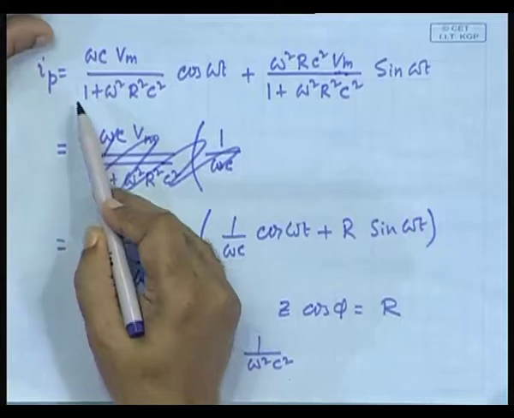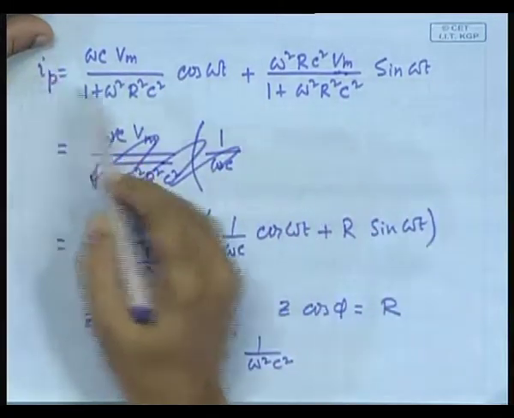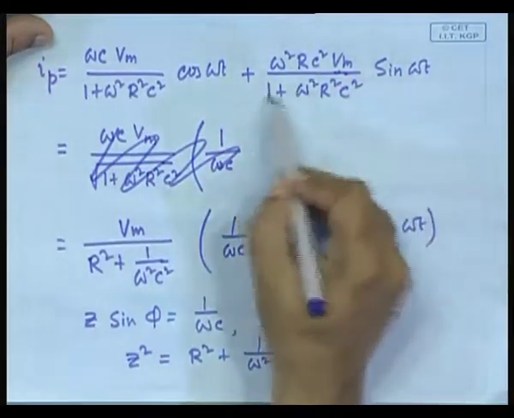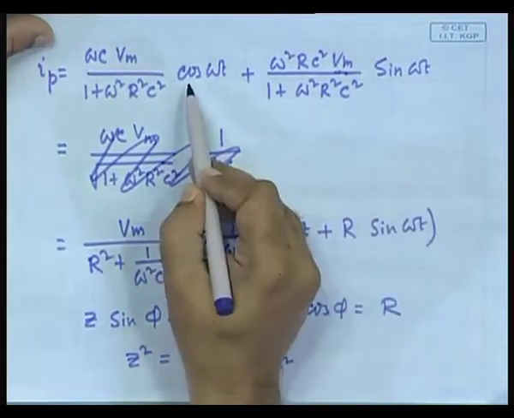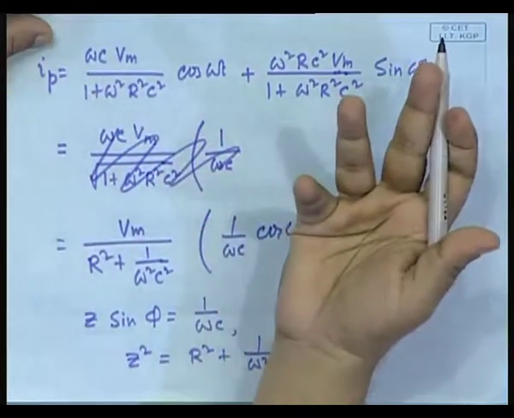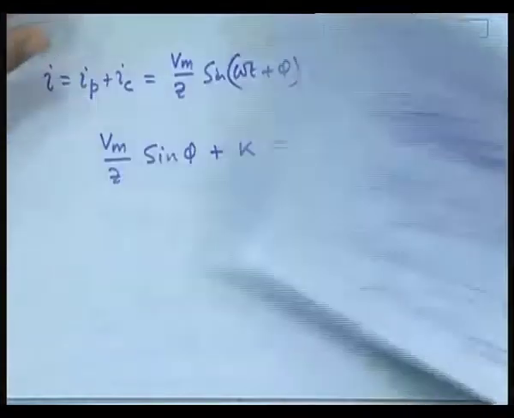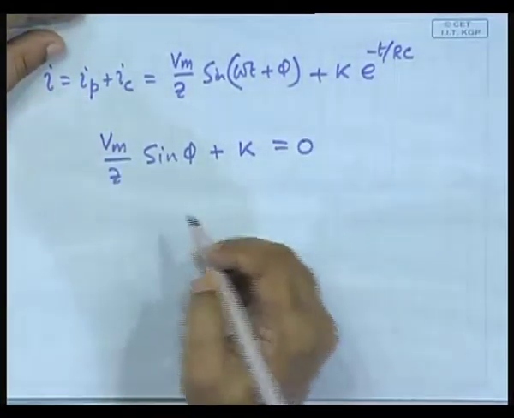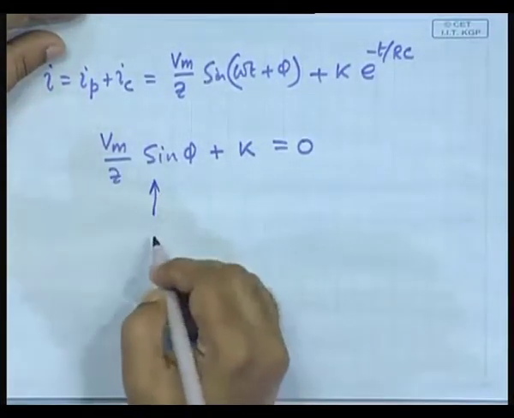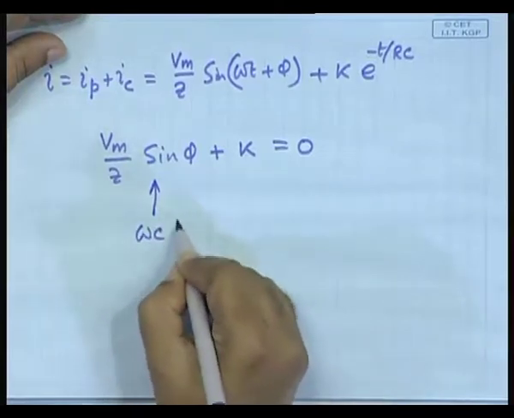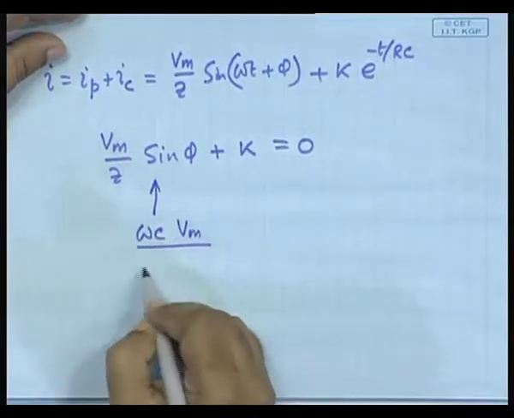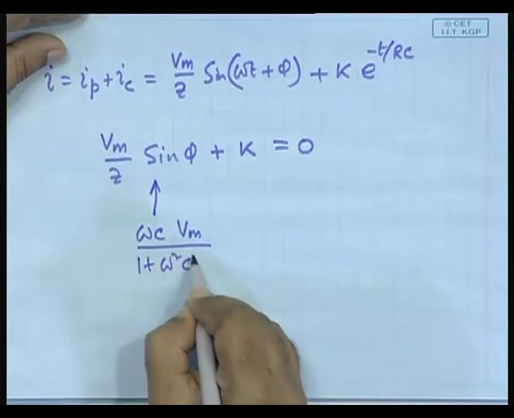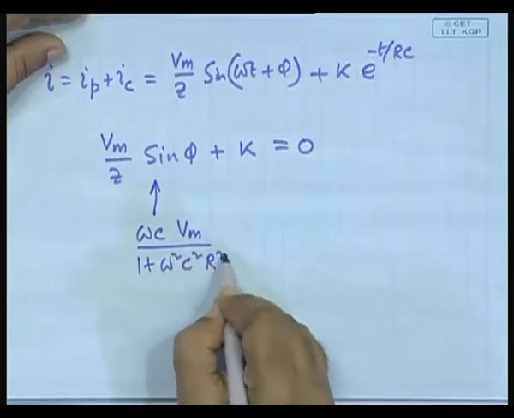Or we can do it somewhat easily. The particular integral term was this; at t equal to 0 the whole thing should be 0, this exponential would be 1, and therefore this should be the remaining term. So, you can say this term should be omega c V m divided by 1 plus omega square c square r square.